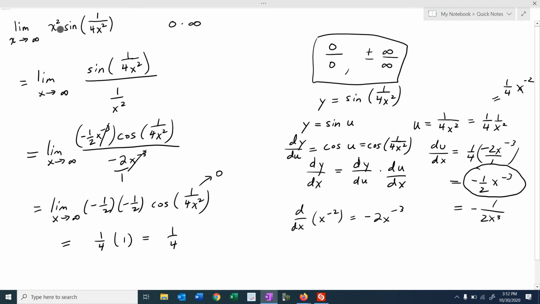But we created division from multiplication by rewriting it like this. Now that we have it in one of these two forms, we can actually apply L'Hopital's rule, and then it becomes determinable, and it actually equals this number 1/4. Okay, it's no longer in an indeterminate form right here.